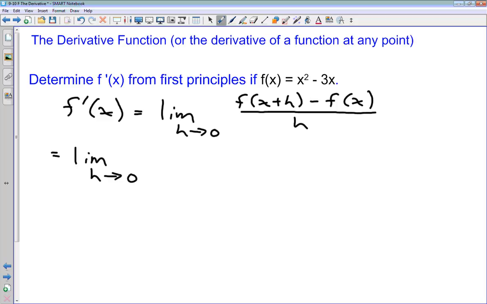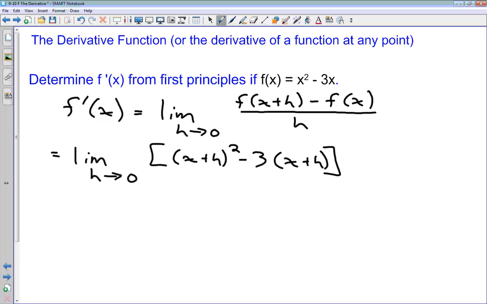So how do we do this? Well, we've got f at x plus h and we've got f at x. Let's take both of these expressions and apply the function that we are given to them. So when we're asked to do f at x plus h, everywhere I see an x in f at x, I'm going to replace it by x plus h. So that first term in the numerator is going to become (x plus h) squared minus 3 times (x plus h).